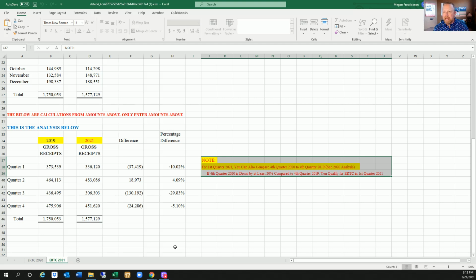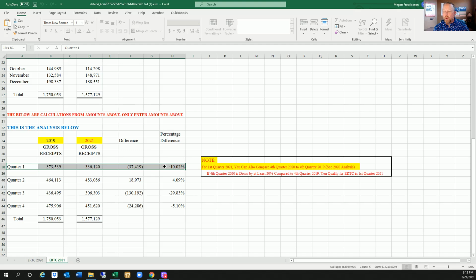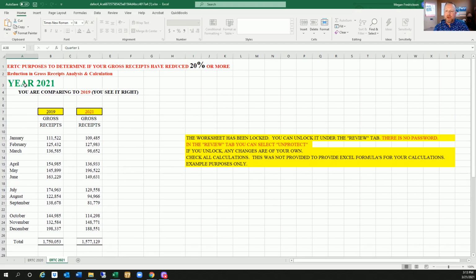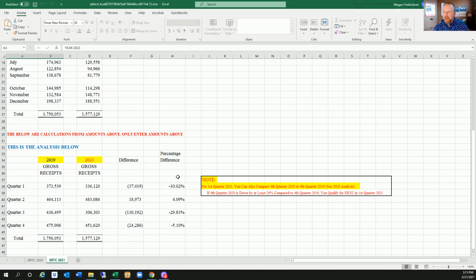The IRS indicated they'll give us more guidance on that. But what we do know is that for first quarter 2021, there are 2 ways to calculate whether or not the business qualifies for quarter 1 of 2021. They don't qualify when comparing 2019 to 21 first quarter.